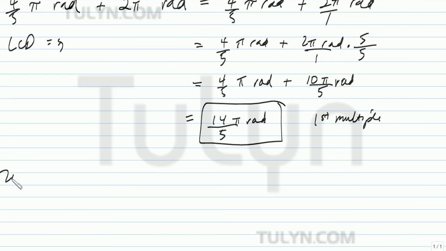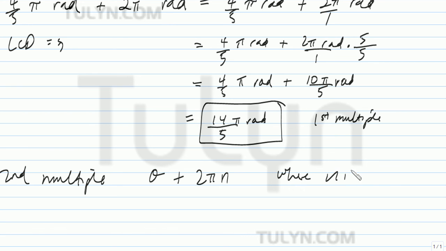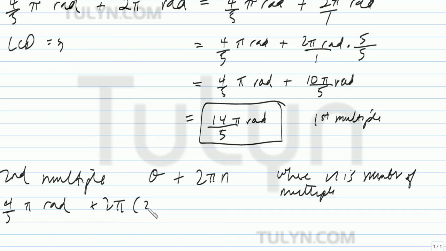Now your second multiple, using the same formula: theta plus 2 pi n, where n is the number of the multiple. So it's 4/5 pi radian plus 2 pi times 2. It's the second multiple, so n equals 2. So you add 4/5 pi radian to 2 pi times 2, which is 4 pi.